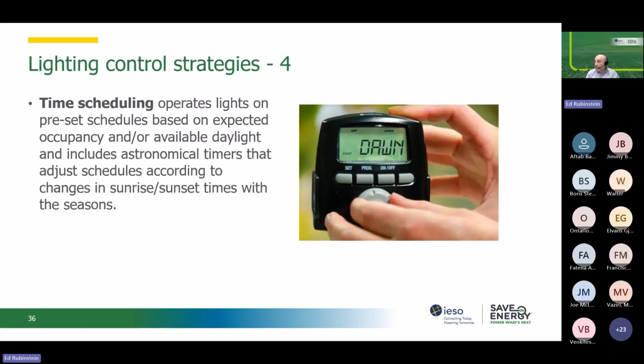Still useful in some instances. In my experience, they've often been supplanted by daylight sensors and occupancy sensors. Again, maybe there are some applications where these still work, but usually you'll see these as a backup to occupancy or daylight sensing.